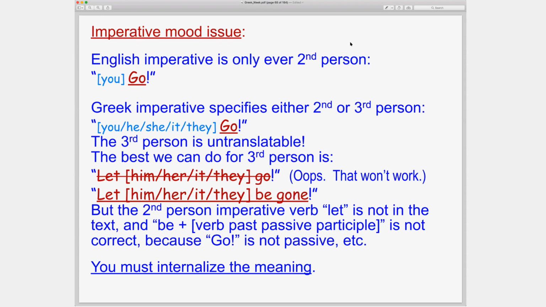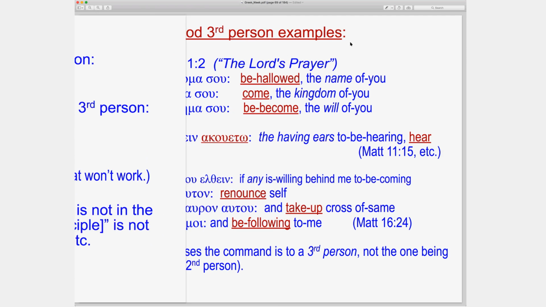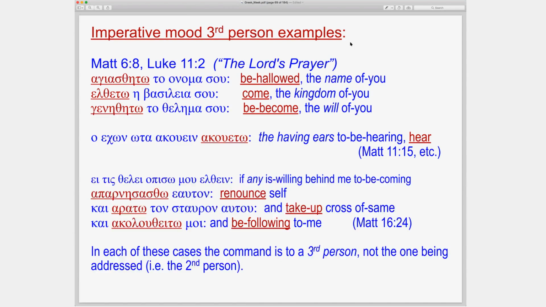So I'm going to give an example now. Okay, the Lord's Prayer. Be hallowed the name of you. What he is doing, well, you JGLM folks are going to cheer with glee, because that's what we've been saying all along. This is a declaration.